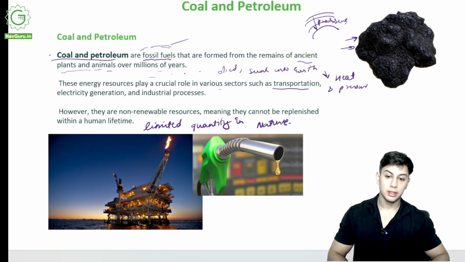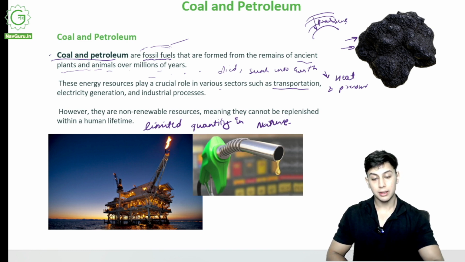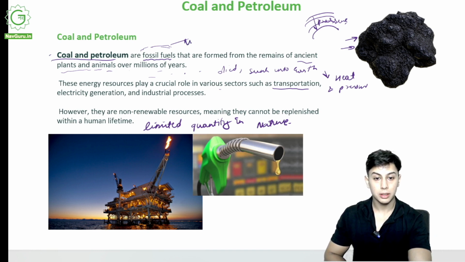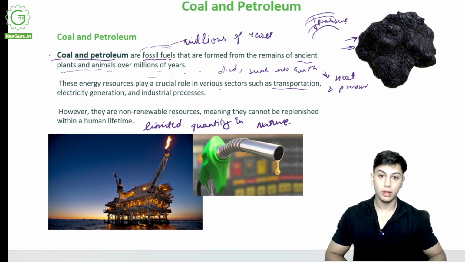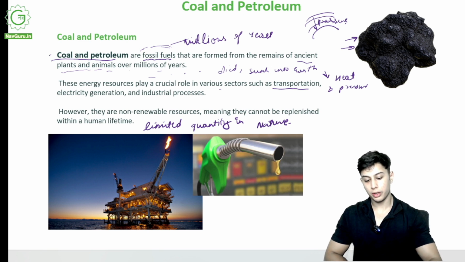There is only some quantity of coal and petroleum available, and it will take millions of years for them to form again. So we also have to think about the human race, our future generations, and how they will be able to use this. So these are non-renewable.